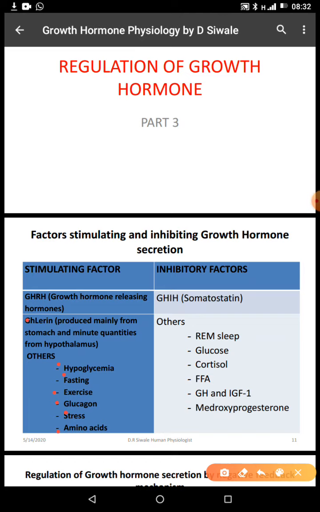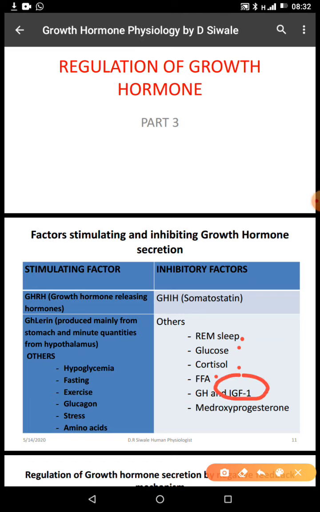Other inhibitory factors are somatostatin, not somatotropin, somatostatin, which is also called growth hormone inhibitory hormone, and rapid eye movement sleep, glucose, cortisol, free fatty acids, growth hormone itself, and insulin-like growth factors, which are called somatomedins.